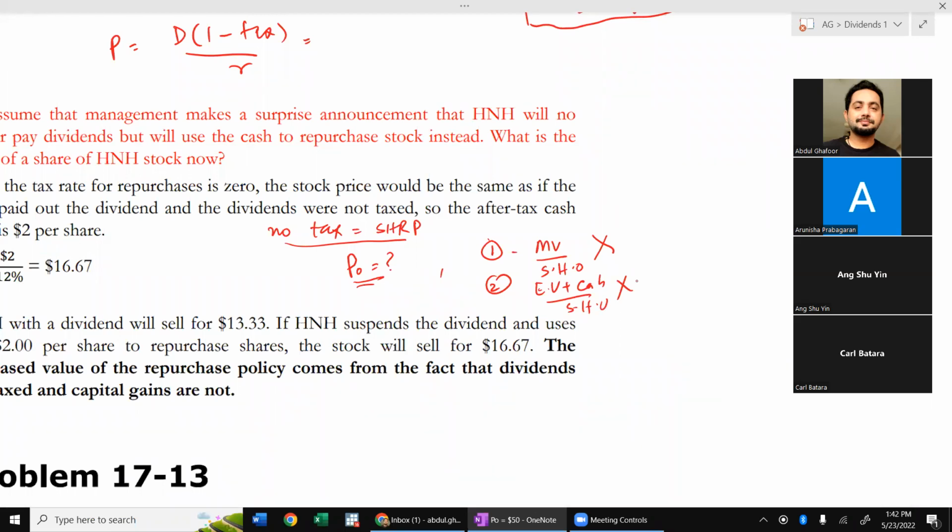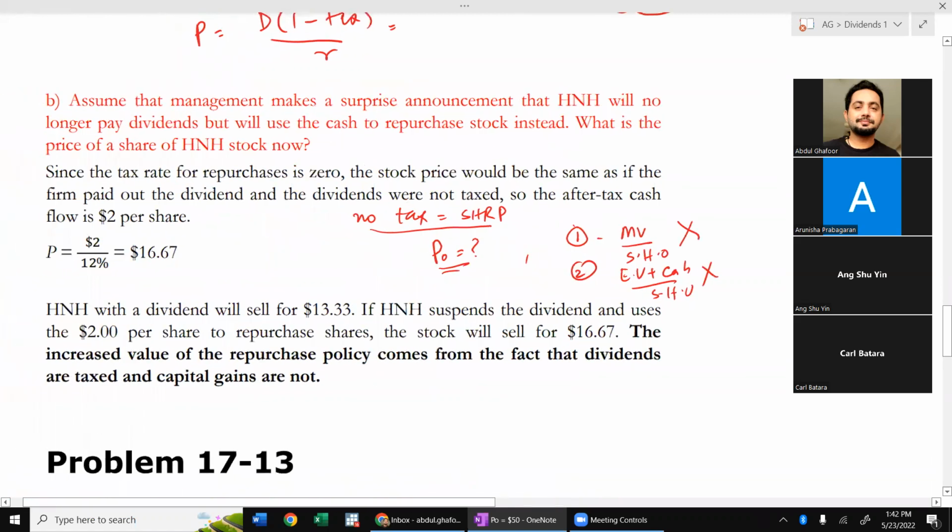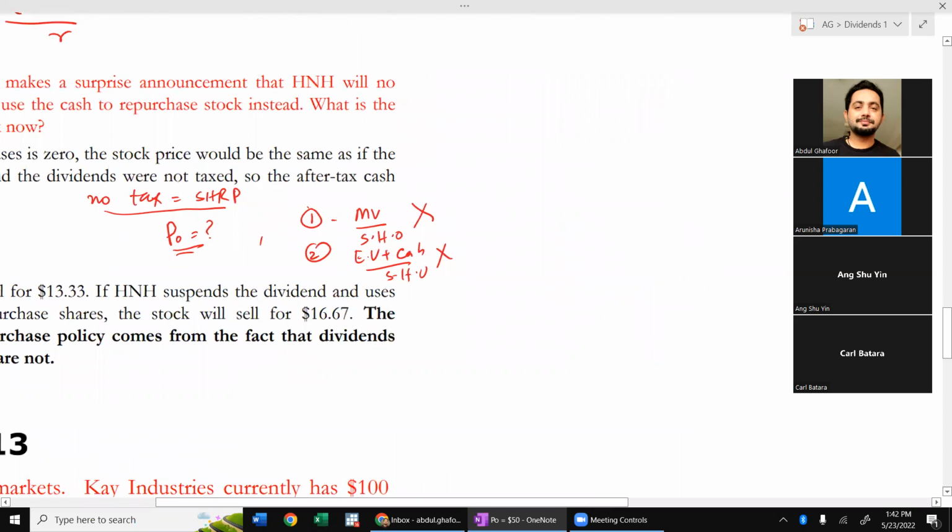But we know one thing: when there are no taxes, whatever is the price, we can take the help of the dividend formula, D divided by R, but without taxes because there are no taxes. It will give us the current price.